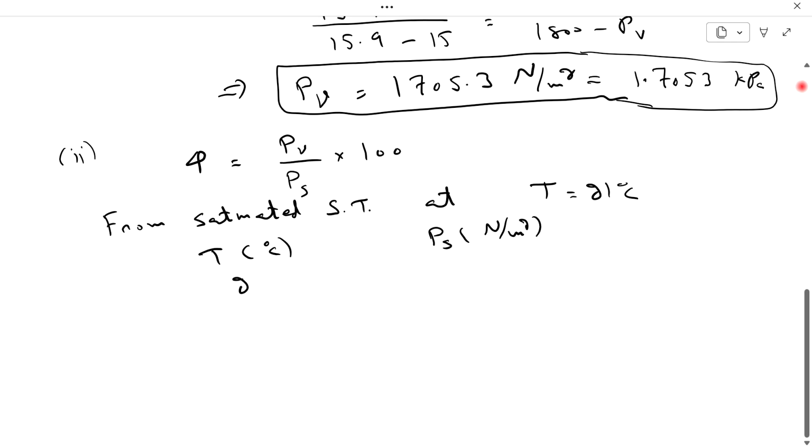In the table, 20.4 degree centigrade and 21.7 degree centigrade are available. At 20.4 degree centigrade, the saturation pressure is 2400 Pascal, and at 21.7 the saturation pressure is 2600, and at 21, PS is required.